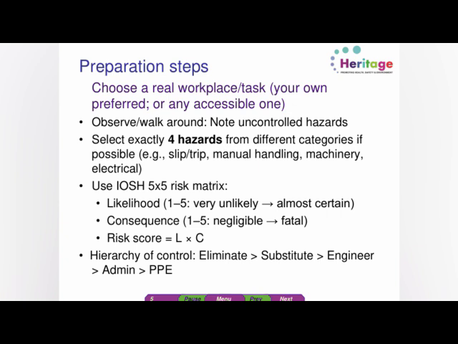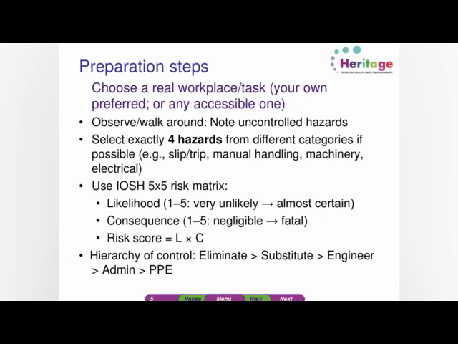Good examples include slips and trips, for example, trailing cables, manual handling, electrical issues, machinery or working at height. Step 4. Use the official IOSH 5x5 risk matrix. Likelihood from 1, very unlikely, to 5, almost certain, and consequence from 1, negligible, to 5, fatal or multiple fatalities.